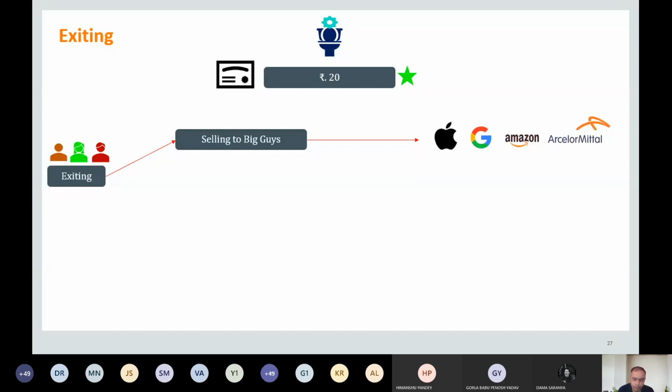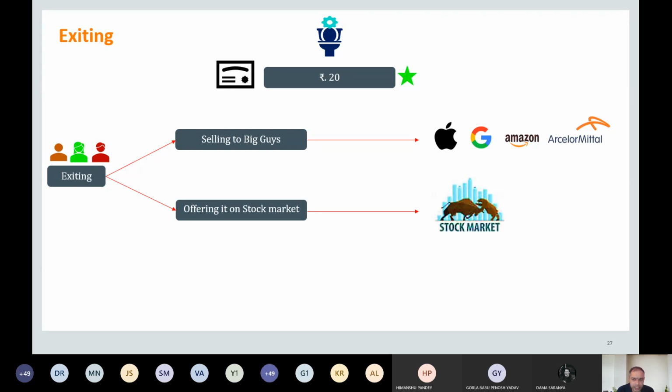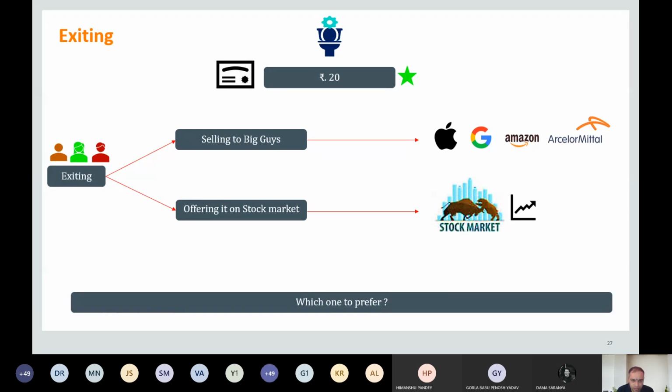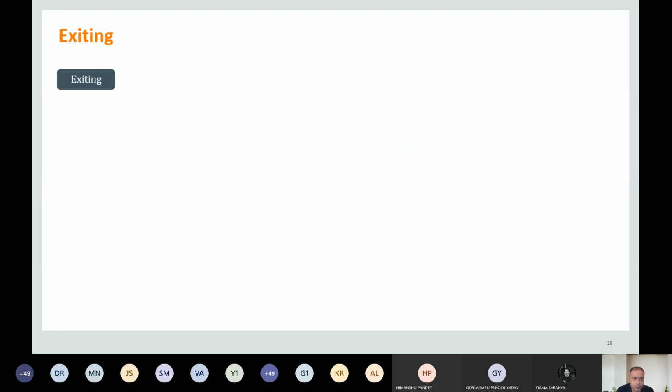Either you directly sell to the big guys and quit, or you can put your shares on the stock market and get the profit based on the stock market. But how does it actually work? Which one to prefer? We have a doubt now. To exit, there are many options. The first option I told you is selling to the big guys.